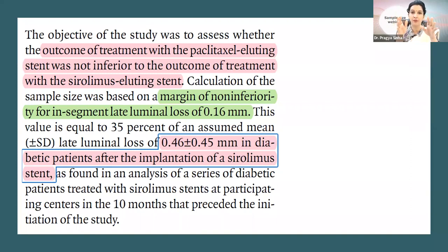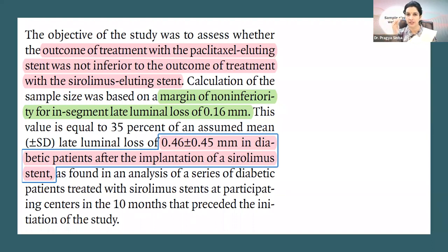So the null hypothesis will be that both treatments are the same, and the alternative hypothesis will be that there is a difference of 0.16 between the two. Why have I said 0.46? Because what is non-inferiority? Non-inferiority means it will be at least as good as the existing one.